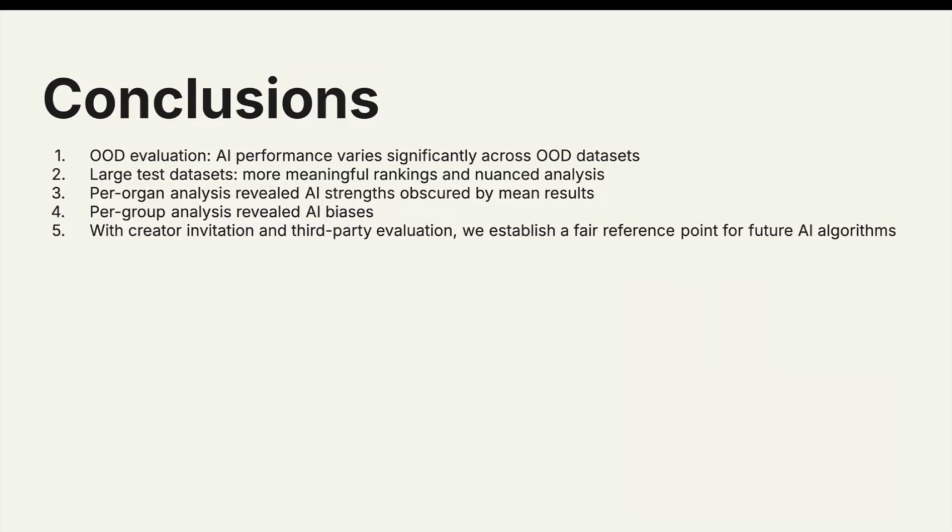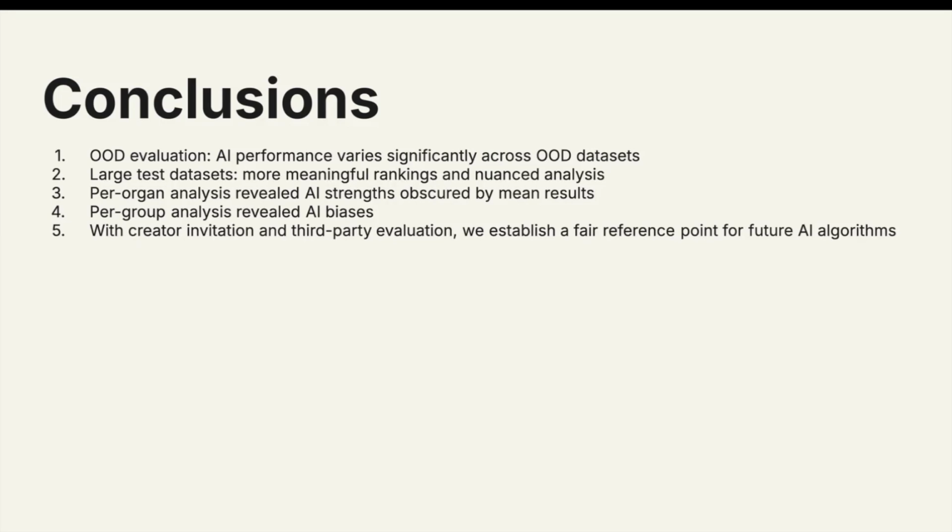Also, large datasets matter. They make more meaningful rankings. They allow us to find finer differences across different models. Analysis per organ is very important because it shows strengths of different models that are not shown by the absolute average ranking.